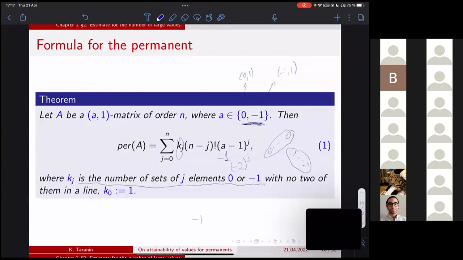There is no pair of -1s from this set that are on the same column or on the same row. So this is prohibited. So this is the number of diagonally situated sets of m -1s.